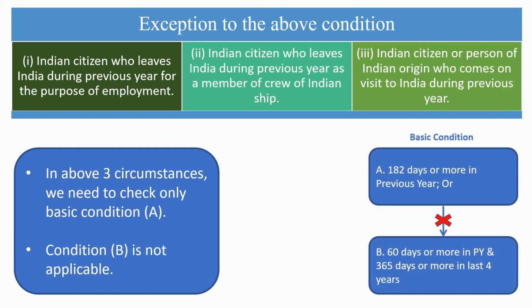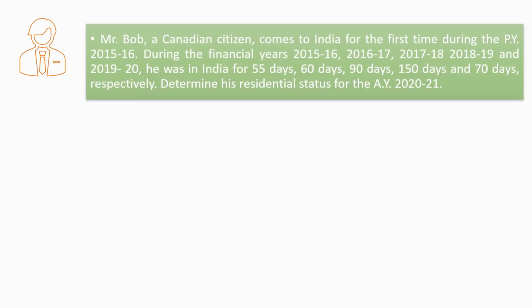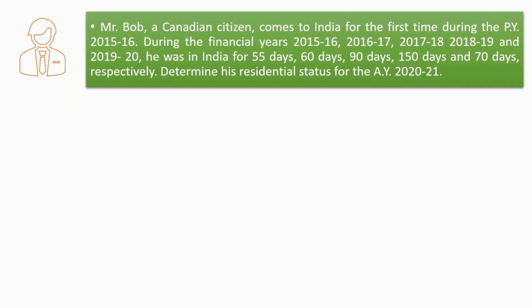Second basic condition will not be applicable. That means in above 3 cases if person stays in India for 182 days or more, then he will be a resident, otherwise non-resident.